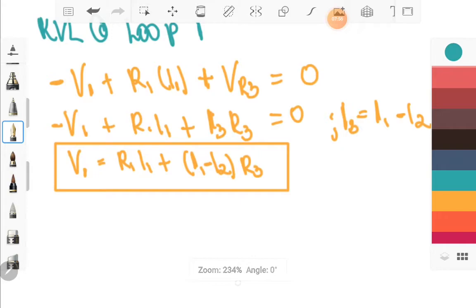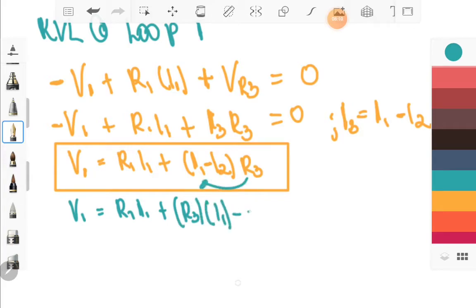V1 is equal to R1 multiplied by I1 plus R3 multiplied by I1 minus R3 multiplied by I2.